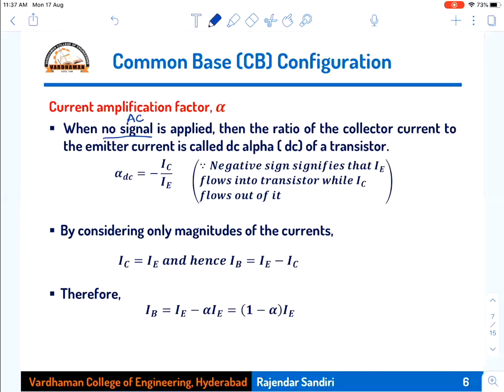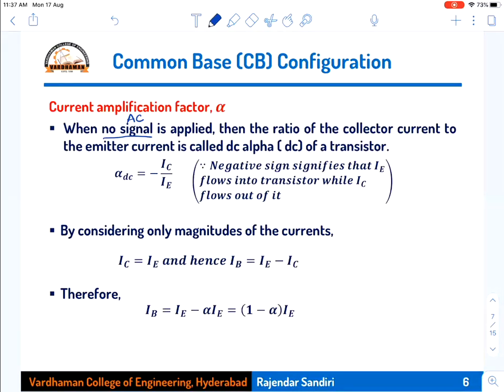So when no signal is applied, meaning no AC input, the ratio of the collector current to the emitter current is called alpha DC. It is only because of the DC batteries that the current flowing is DC only, not AC.